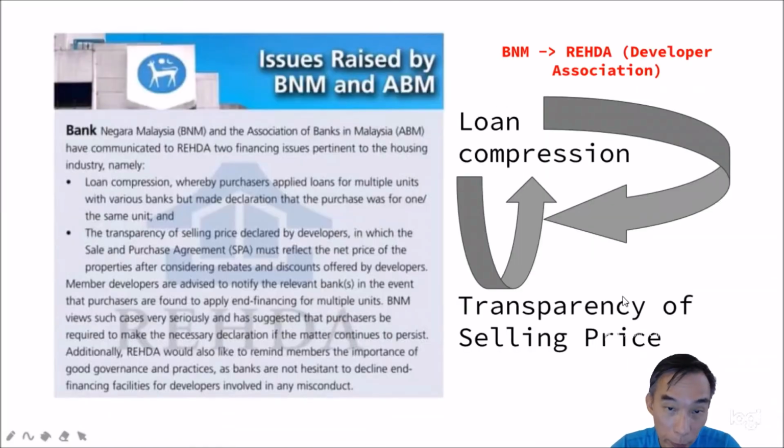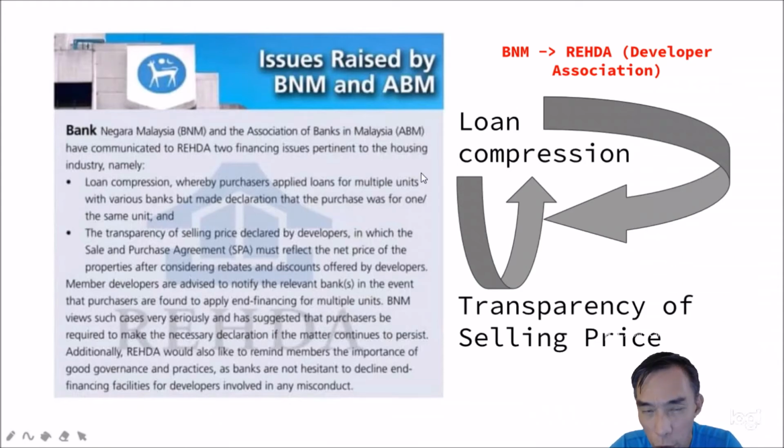So this is what happened in these issues raised by Bank Negara and the Association of Banks Malaysia. This part is the loan compression, where a purchaser applies for loans for multiple units with various banks but declares that the purchase was for one same unit. Then there is the transparency of the selling price declared by the developer, in which the sales and purchase agreement must reflect the net price of the property after considering rebates and discounts offered by the developer.